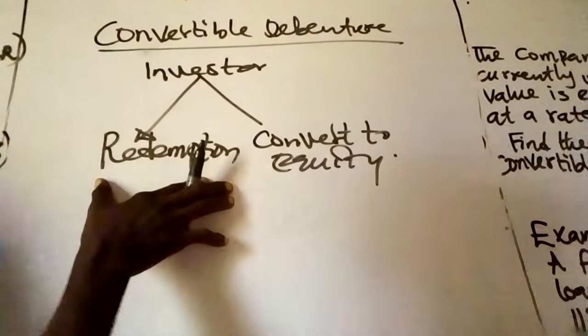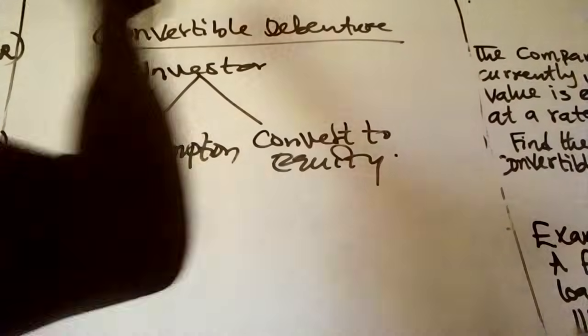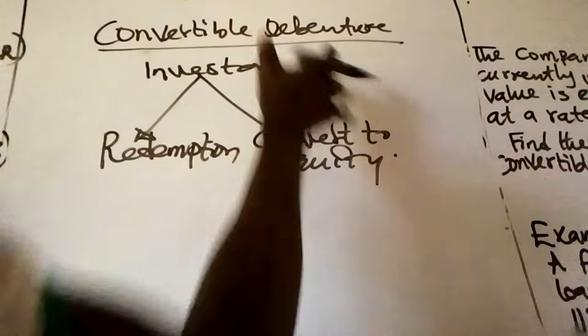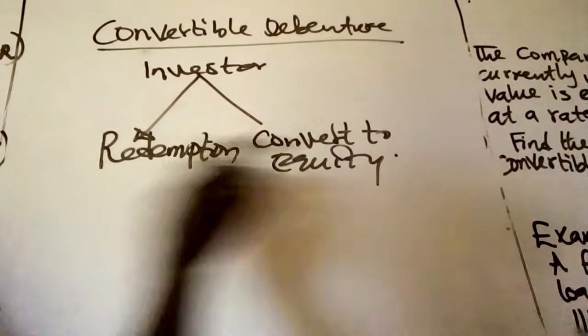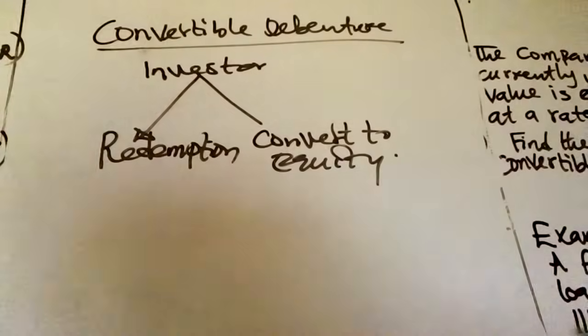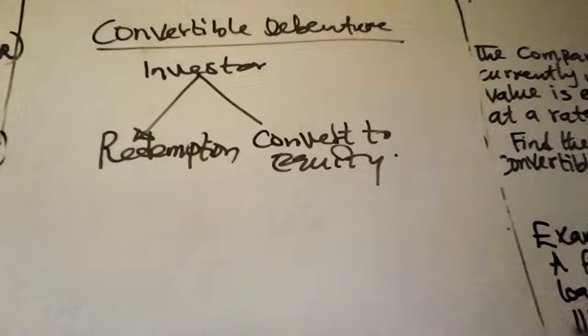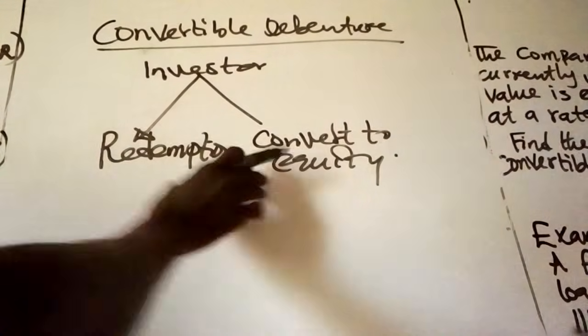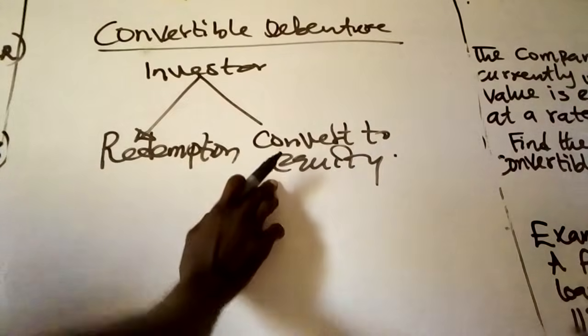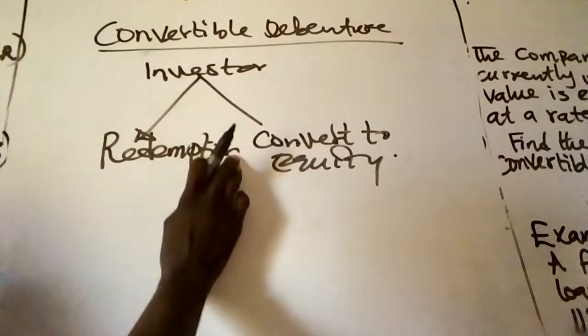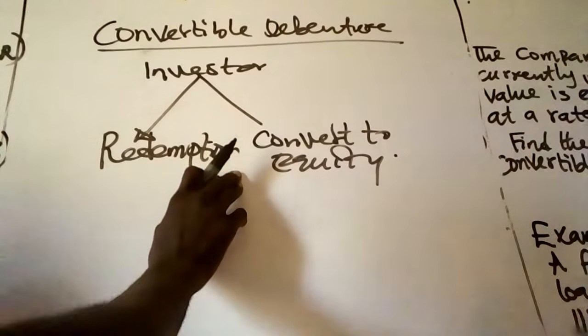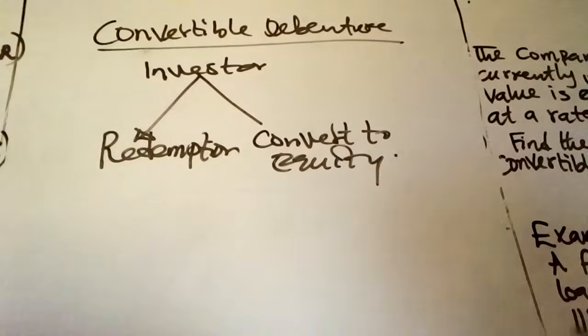Is it the redemption that will fetch him more returns, or the conversion? So the investor will choose the higher of the two. Convertible debenture is a form of loan that allows the investor to choose between taking the redemption proceeds or converting the loan note to equity shares.